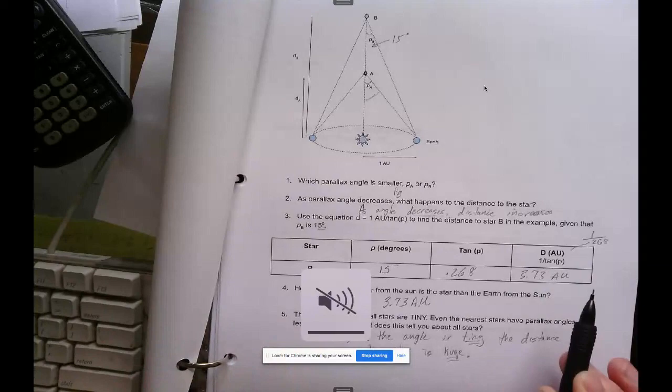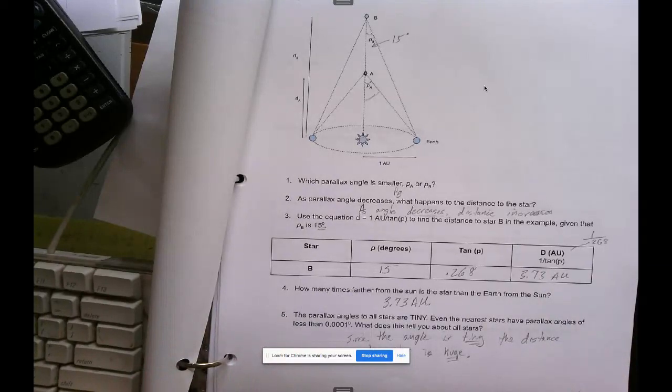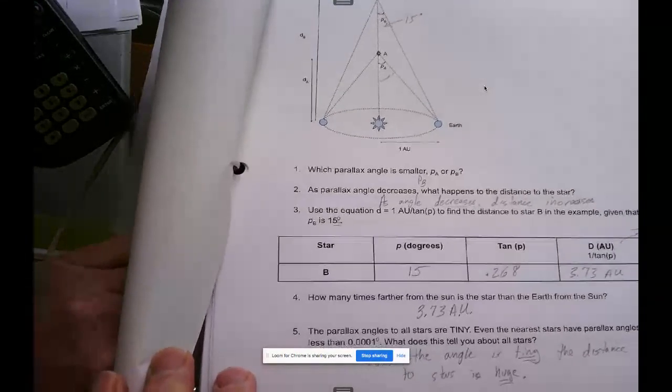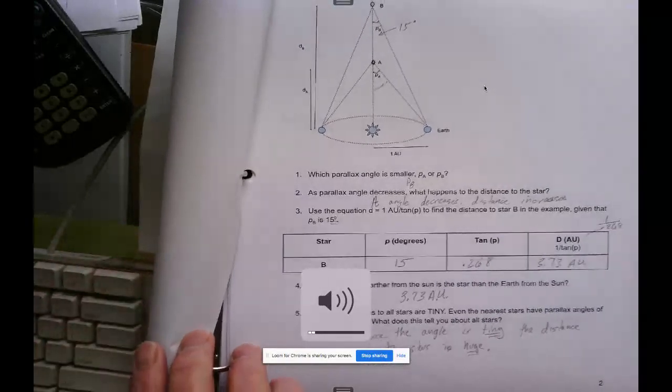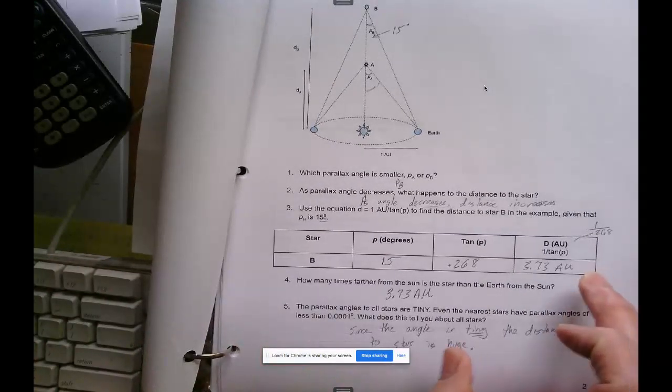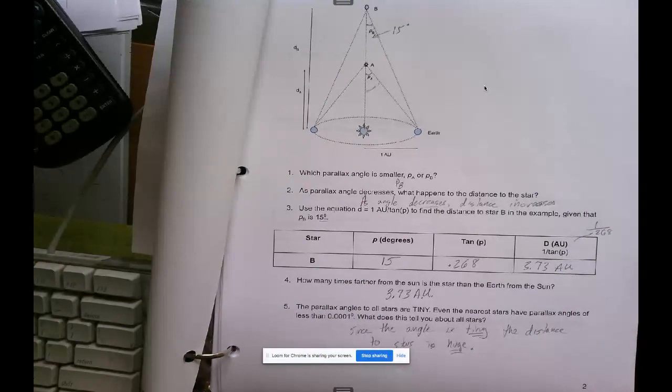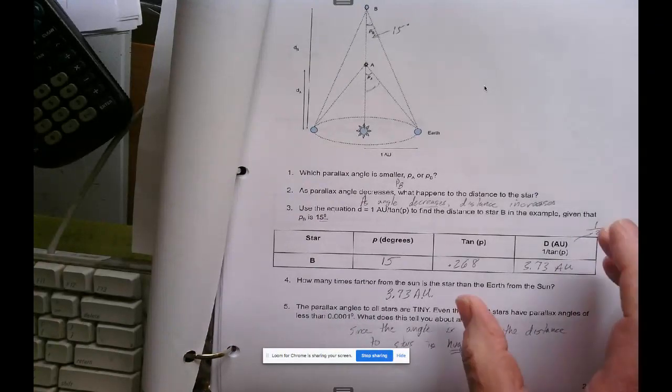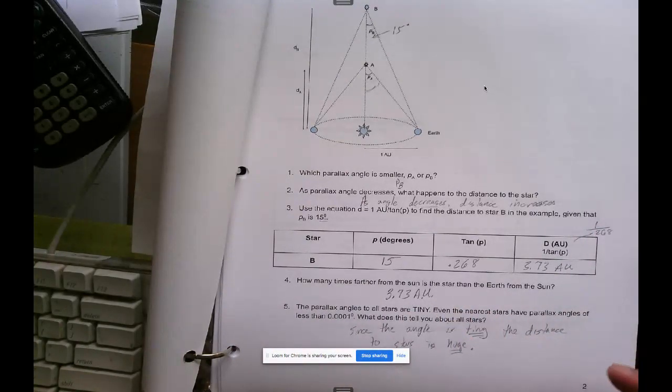And that's why we're not going to use astronomical units when we get to distance to the stars. We're going to have to convert them into something like light years, which is a much bigger distance, because our distances in AUs are going to be thousands and thousands of AUs away.